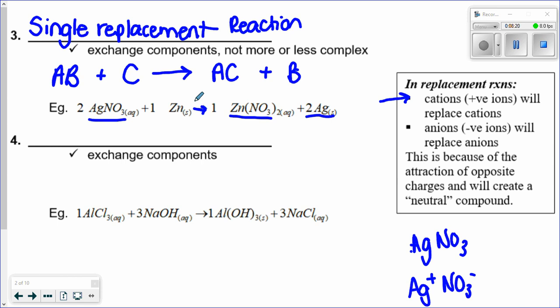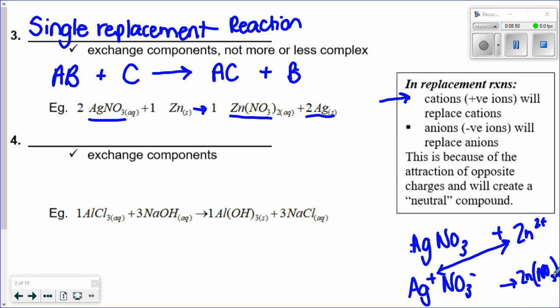It can form a 2+ ion. Right now, again, we know it has no charge, but when it's going into a compound, it will form its ion species. So we know that cations and cations want to exchange. So we want to exchange this zinc with this silver to form, in the end, zinc nitrate.